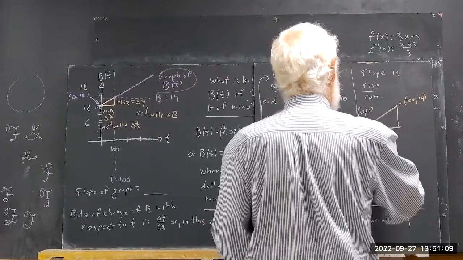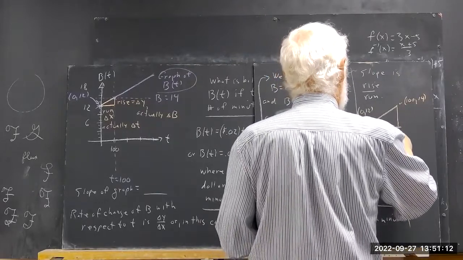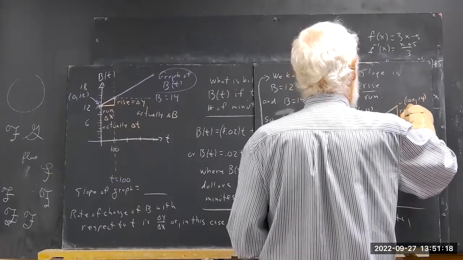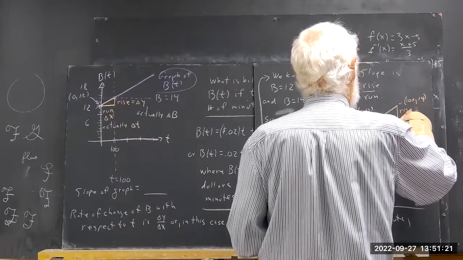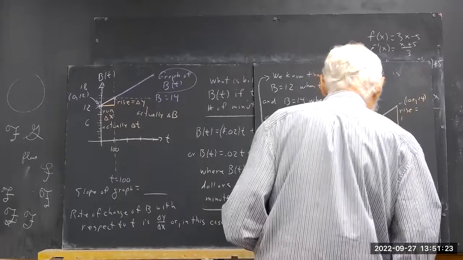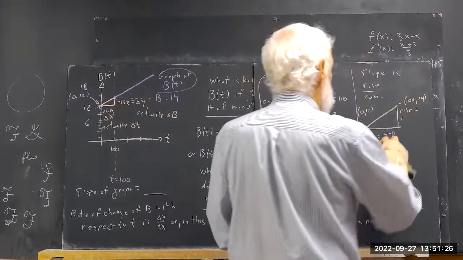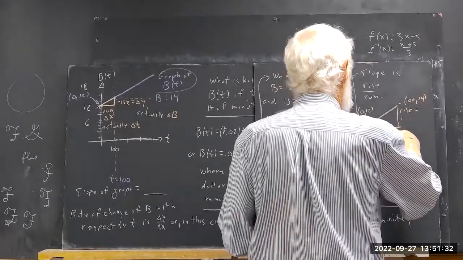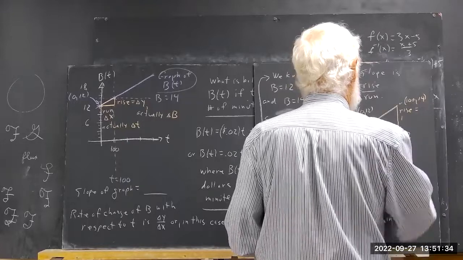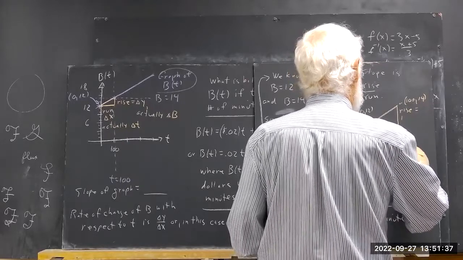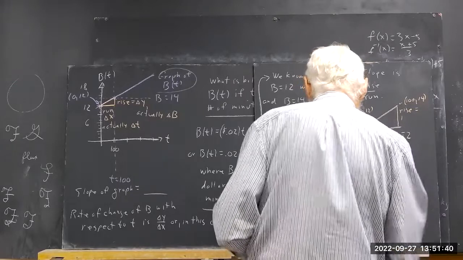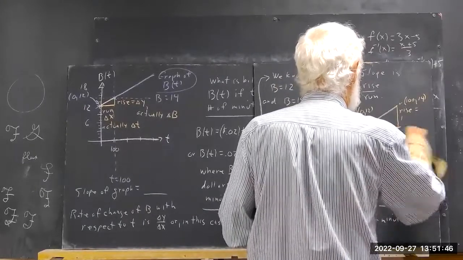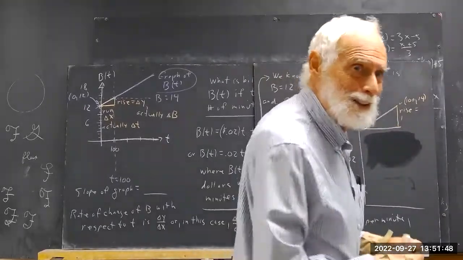So the run is 100 minus 0, which equals 100. The rise is not 14 minus 0, it's 14 minus 12, which is 2. And that's not the run, that's the rise.